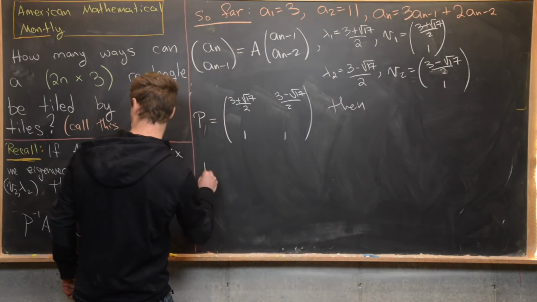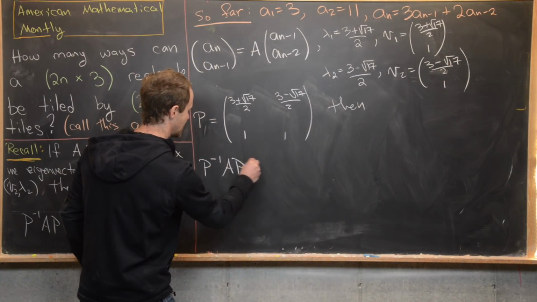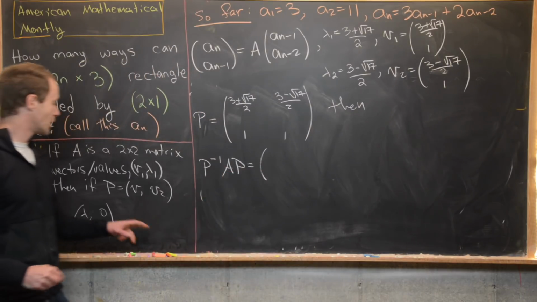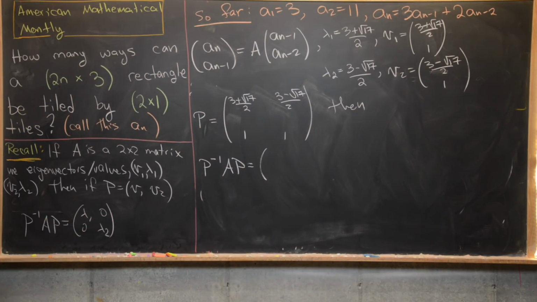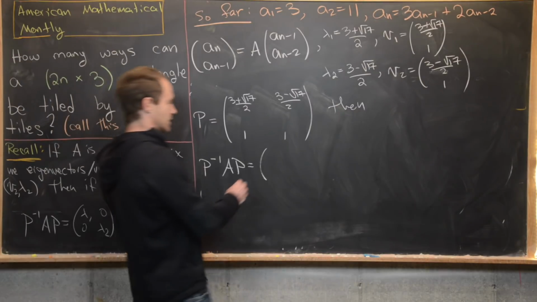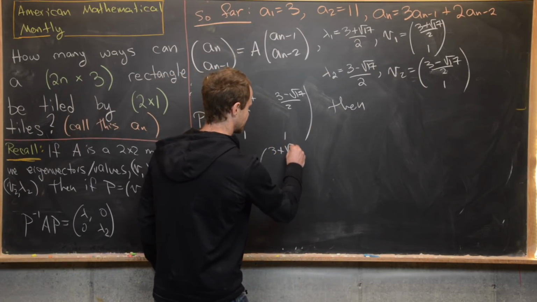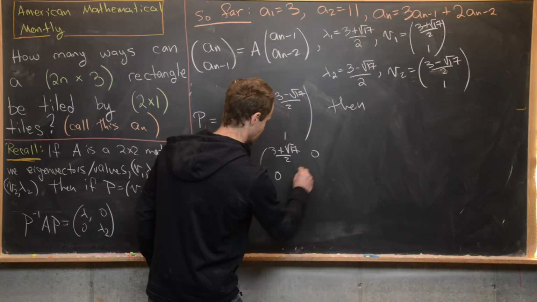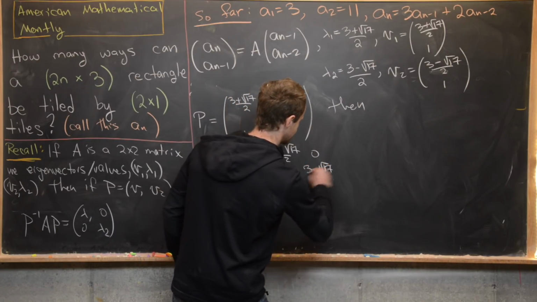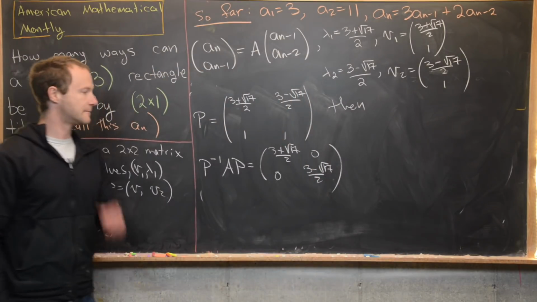Then we have P inverse A P is equal to this diagonal matrix with the eigenvalues on the diagonal. So we have (3 plus root 17) over 2, 0, 0, (3 minus root 17) over 2, like that.